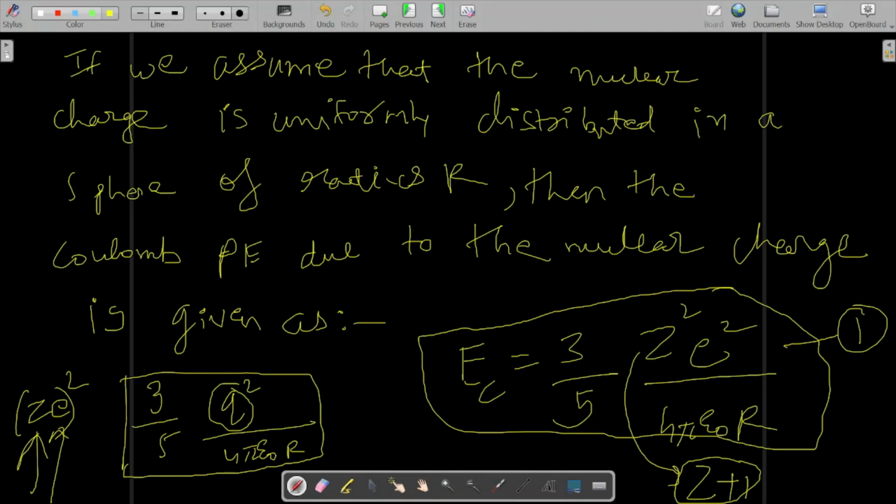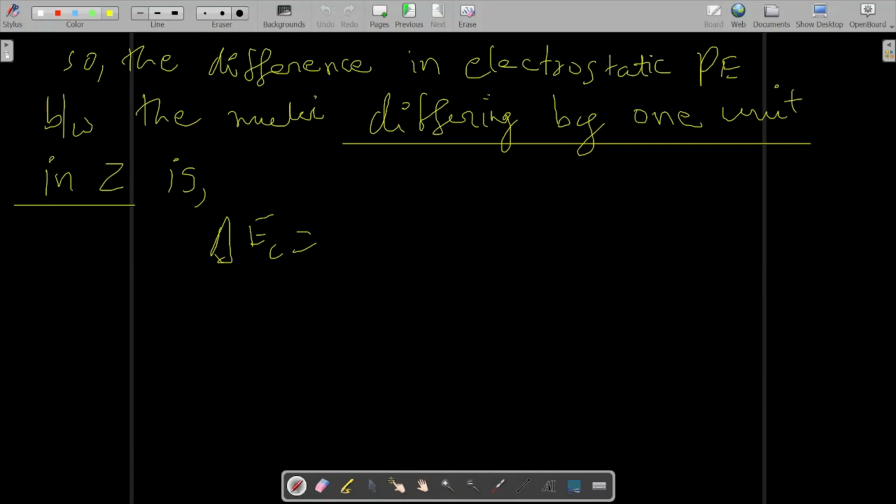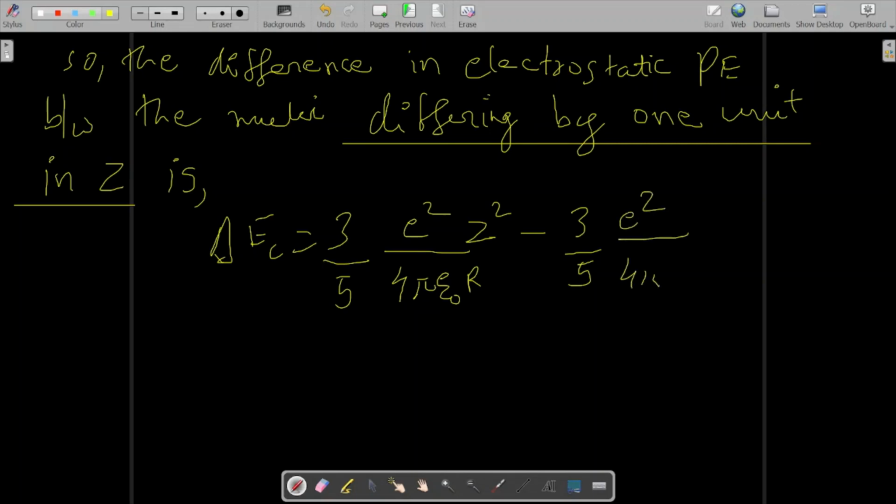So when you take the difference of those two expressions, the difference will be something of this kind: 3 by 5 E square divided by 4 pi epsilon naught r, this is Z square, then minus 3 by 5, again the same thing, E square by 4 pi epsilon naught r, then either Z plus 1 or Z minus 1, depending on which you are taking as Z. If you take the greater one as Z, then the other one will be Z minus 1. If you take the smaller one as Z, then the other one will be Z plus 1.